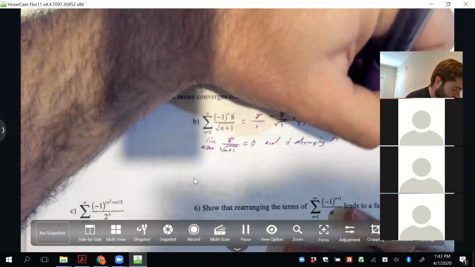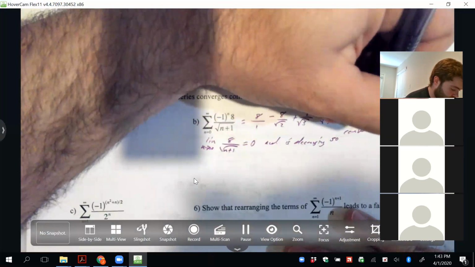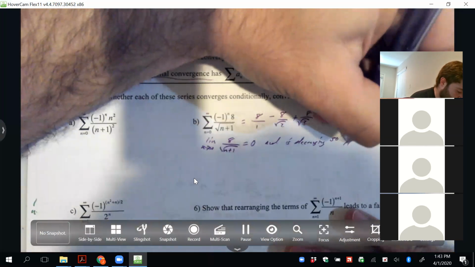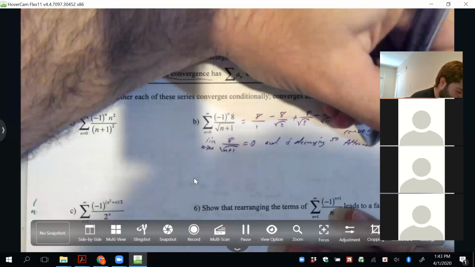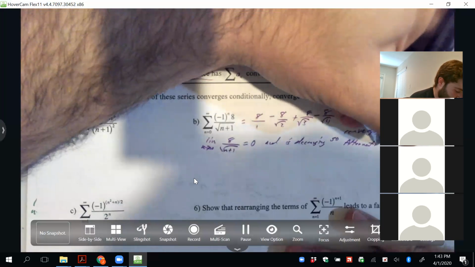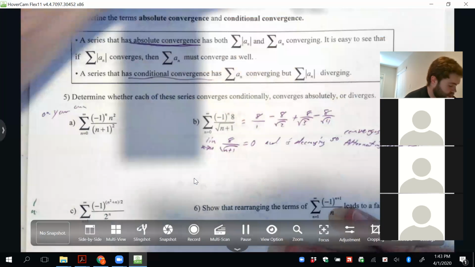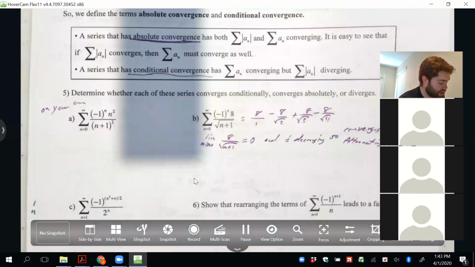So it converges by alternating series test. So it does converge by the alternating series test.